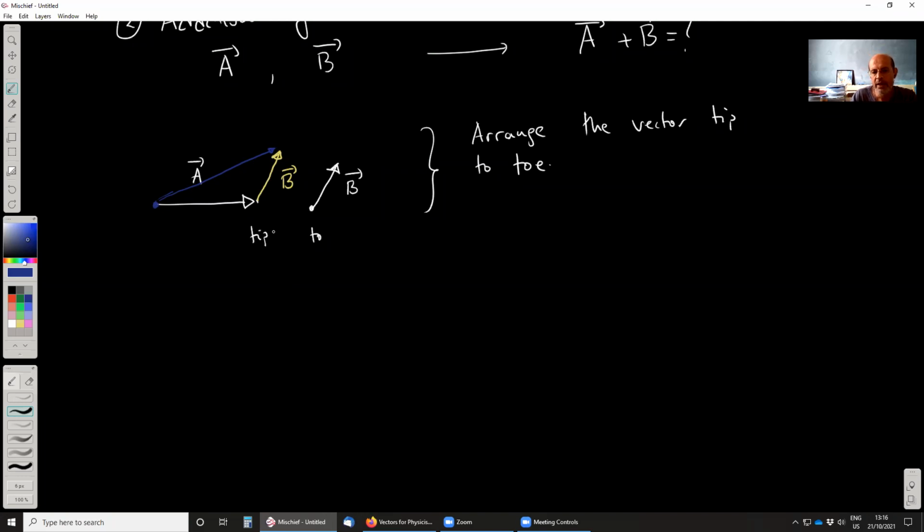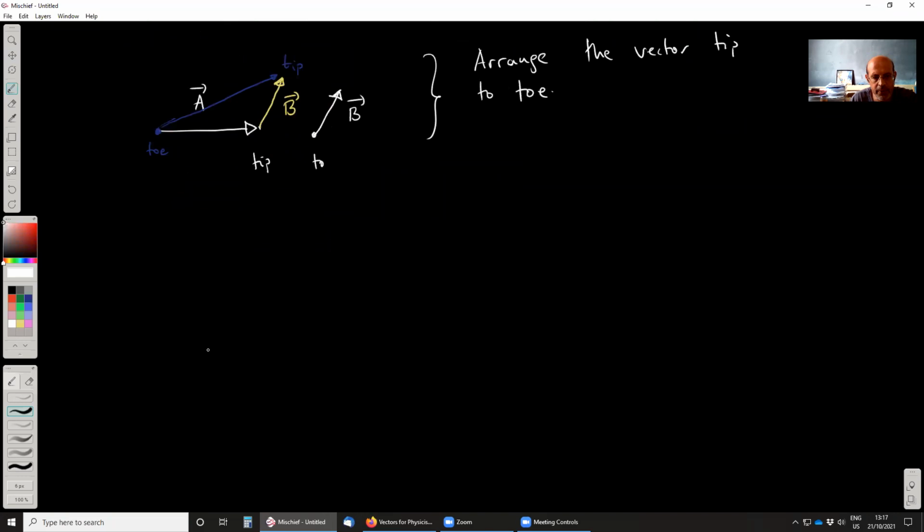Okay. So you can think of it like this. This is the toe part and that's the tip part. And these are the toes and the tips that are on top of each other. You can also think of it like that, right? So for these vectors, A is this vector, B is that vector. So therefore, I'm going to use the blue color.